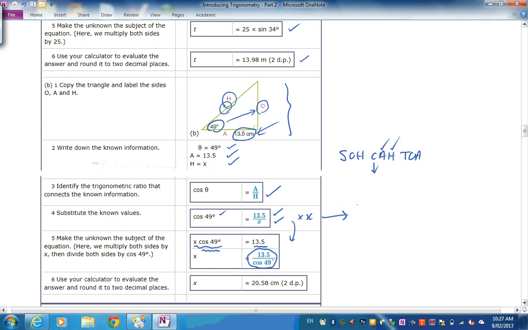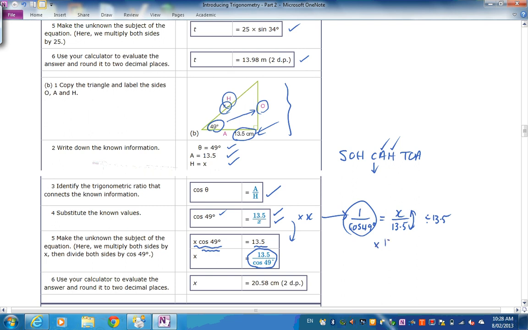So if 13.5 over x is cos of 49, if we put both of them as reciprocals, this becomes that. If we invert this side and put x on top, because it's easier to work with, we've got to turn this side upside down too. Now, what's been done to x? It's been divided by 13.5.